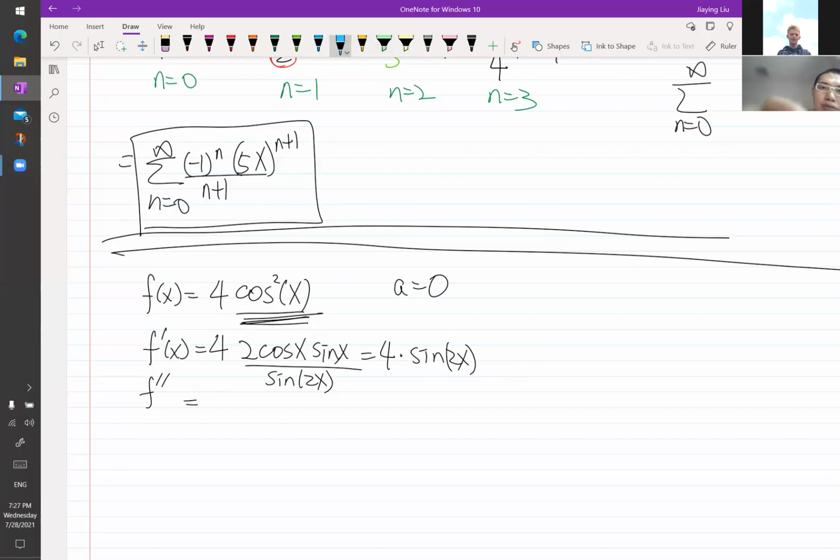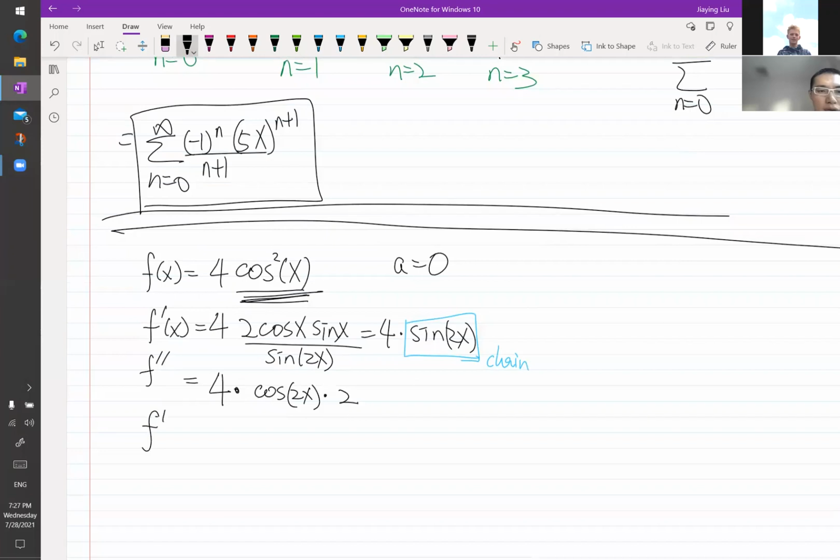And then in the next step, you take the derivative of sine 2x by using chain rule. The 4 stays. So you get 4 times the derivative of sine 2x as cosine 2x times the 2. And don't combine the 2 with the 4, keep them separate. In the following step, take the derivative of cosine 2x. Again, just focus on that part and leave the 4 and 2 first.